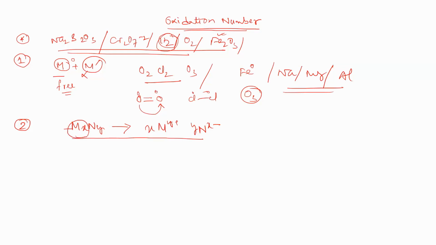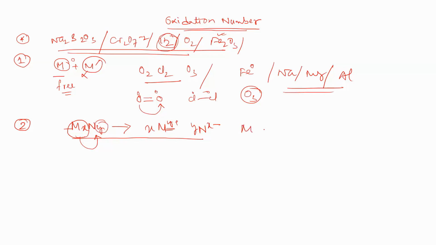This metal is connected to y number of anions. So what will be the oxidation state of this metal? The oxidation state of the metal will be the number of anions.